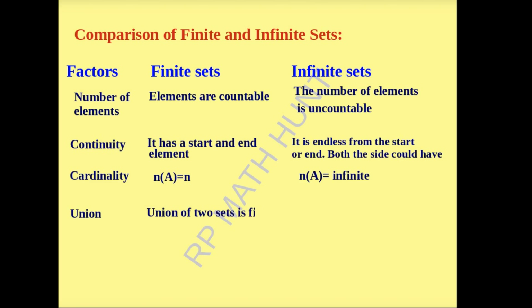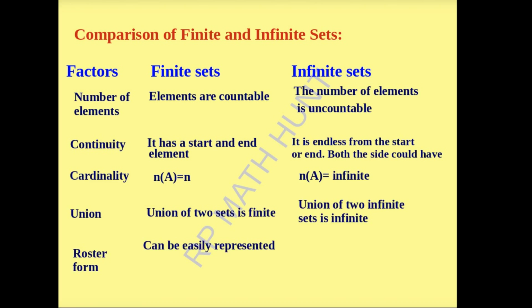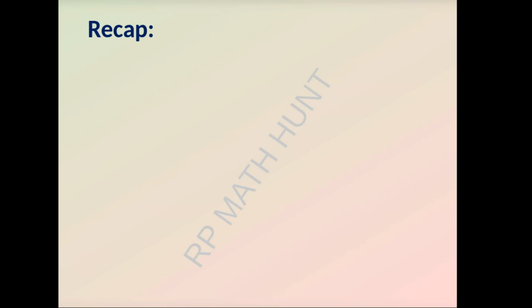Union: the union of two finite sets is finite, and the union of two infinite sets is infinite. Roster form: a finite set can be easily represented in roster form, but an infinite set cannot be represented in roster form.